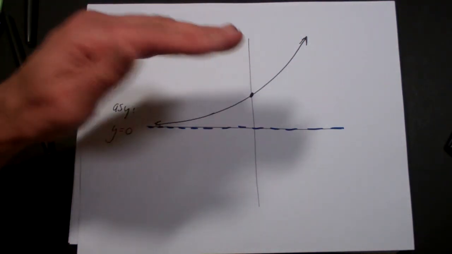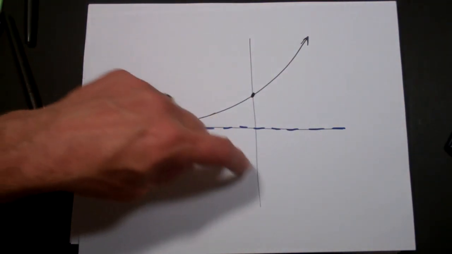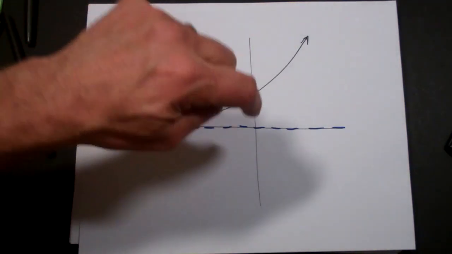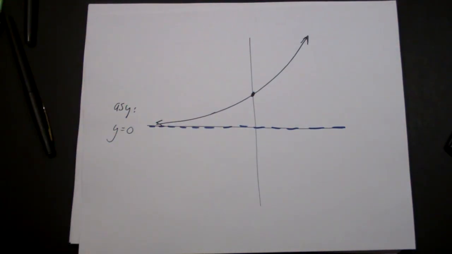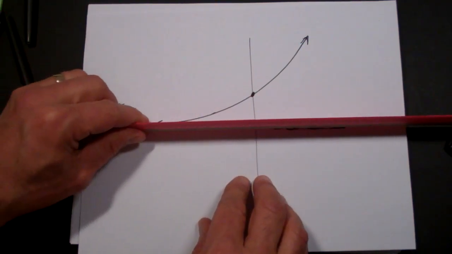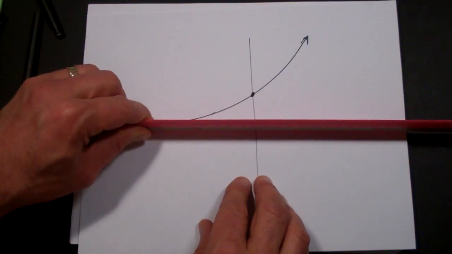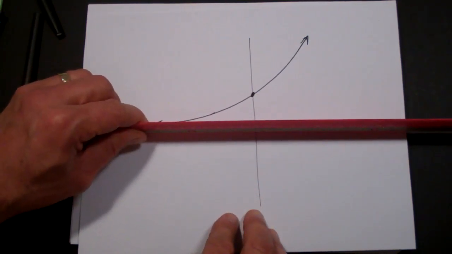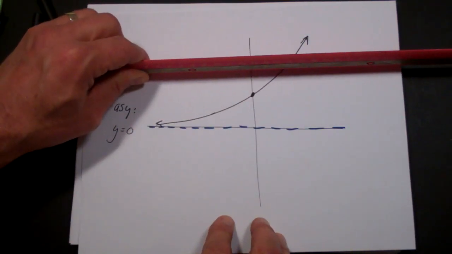So the key is that when you take this graph and you shift it left and right and you shift it up and down, the asymptote also changes. Here's the trick though. If you take a horizontal line and you shift it left and right, it doesn't change. But if you take a horizontal line and you shift it up and down, it does change.